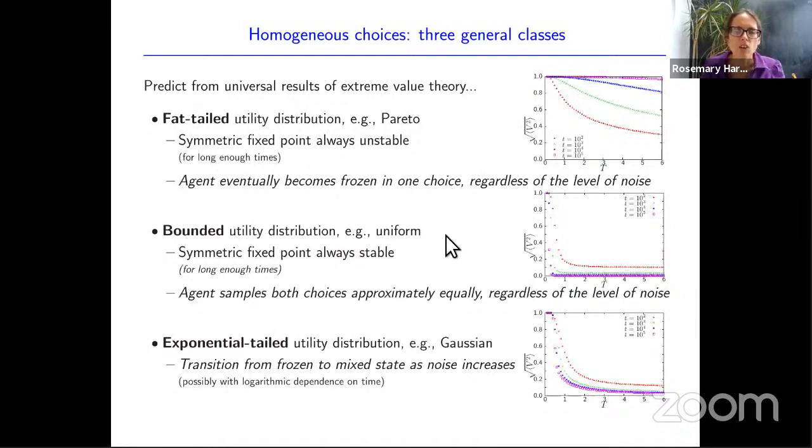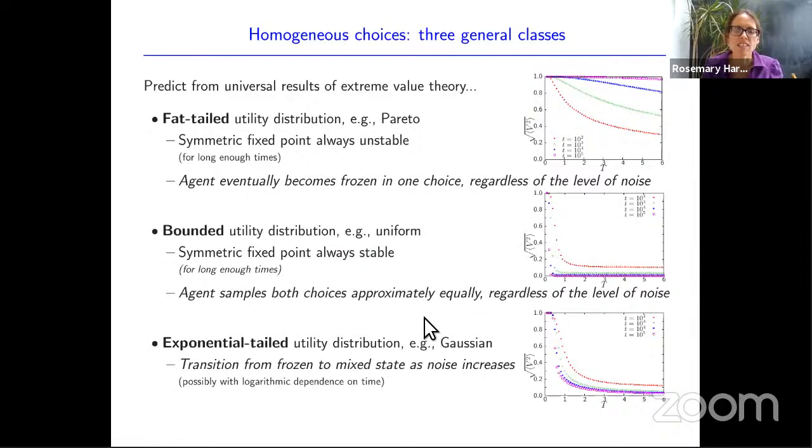On the other hand, if your utility distribution is bounded, like a uniform distribution, then the symmetric fixed point is always stable for long enough times. There might be some early metastable behavior, but eventually the agent will have seen effectively the maximum for right choices and left choices, and then we'll be back to a symmetric random walk, and you'll end up in the symmetric fixed point, with a variance going to 0 for long times.